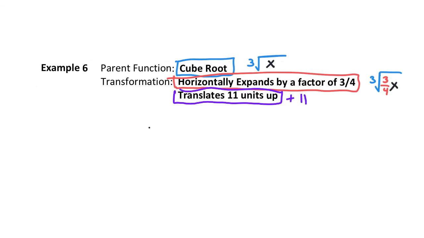So my final answer is going to be f of x equals, so I'm going to write it in color combo. So it's going to be cube root of 3/4 x, and then plus 11 is going to be outside.